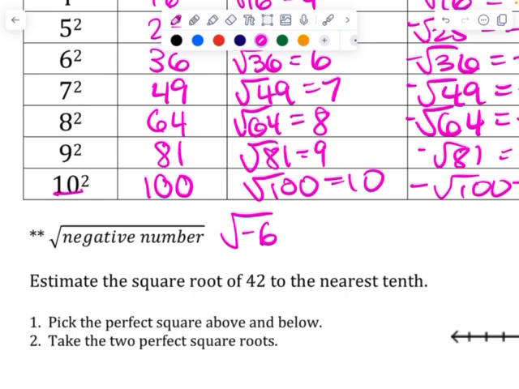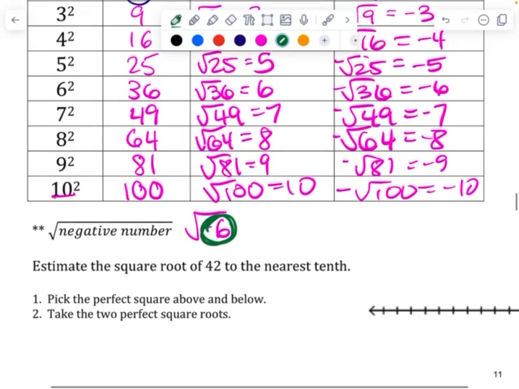Because remember, up through what we've been talking about right now, these are perfect squares. So when I think about two numbers that have to multiply to get to that, and I think of my multiplication rules with negatives and positives, let's say 6 squared is 36. And this means 6 times 6.